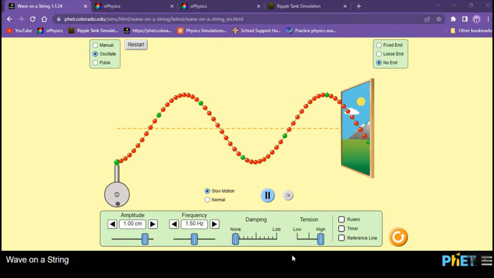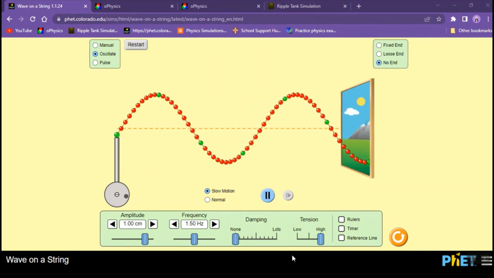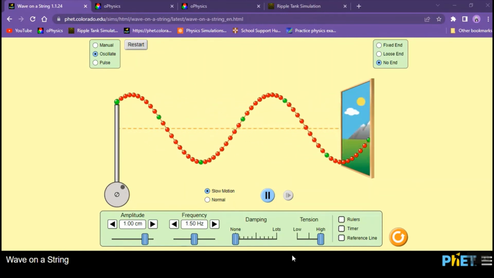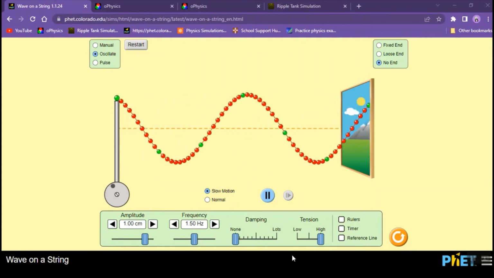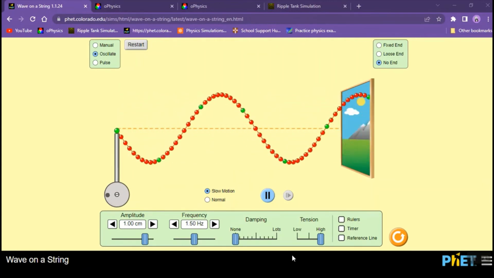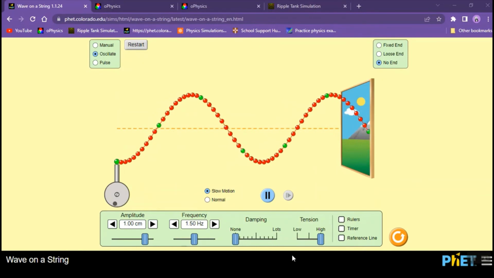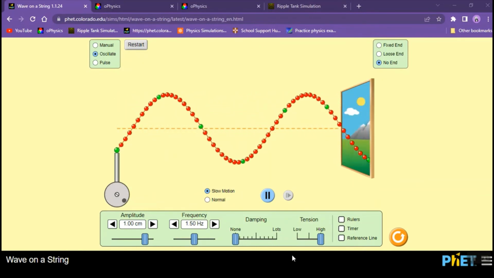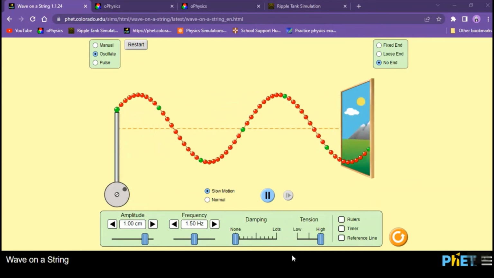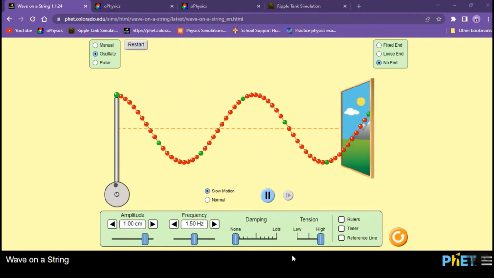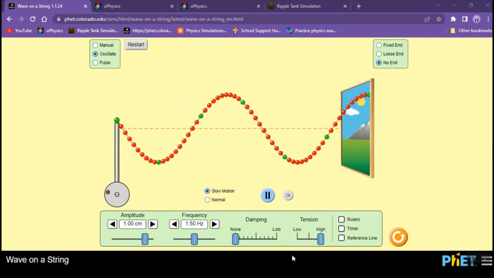Now this is an example of a transverse wave. Do you notice that the thing creating the wave is moving up and down, but the energy is moving from the left of the screen to the right of the screen? This is an example of a transverse wave.